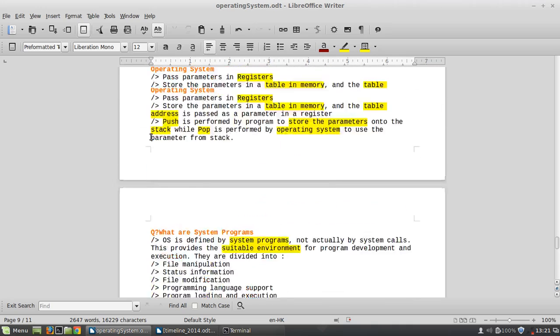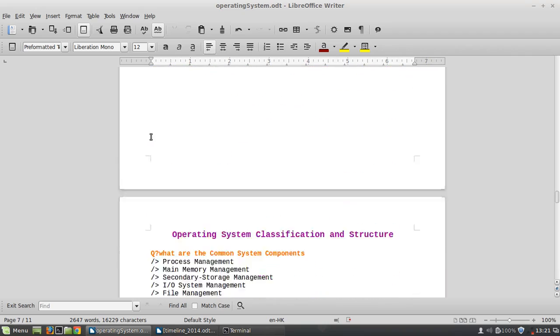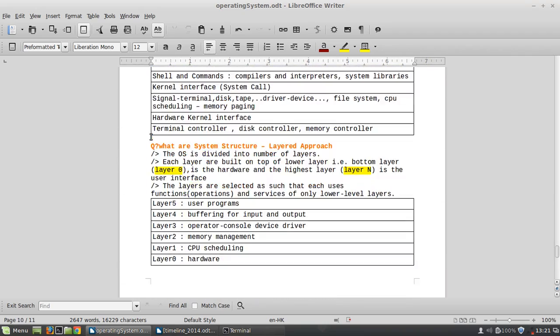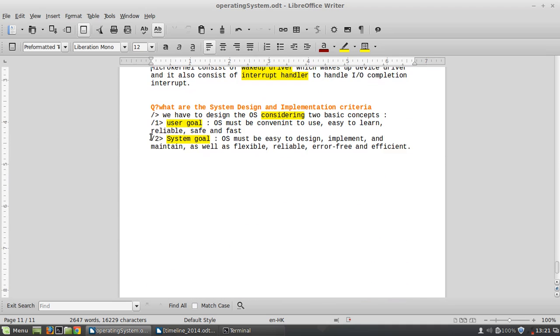Lastly, in this topic of operating system classification and structure, the most important point for developers who want to design an operating system is that you have to design it considering two basic concepts: user goals and system goals.